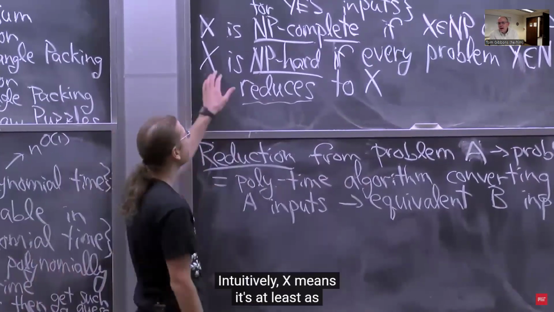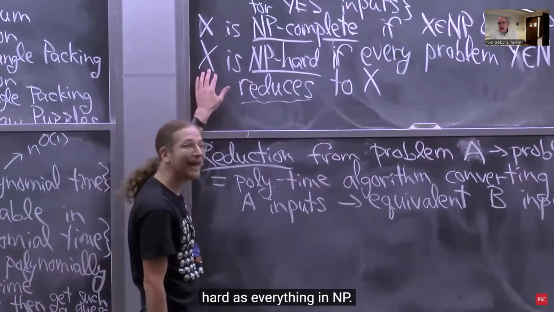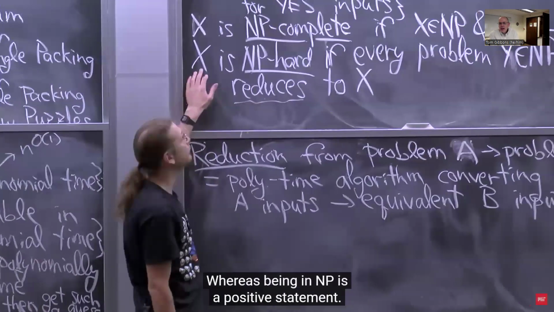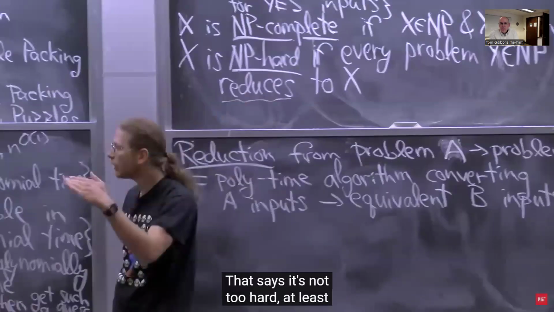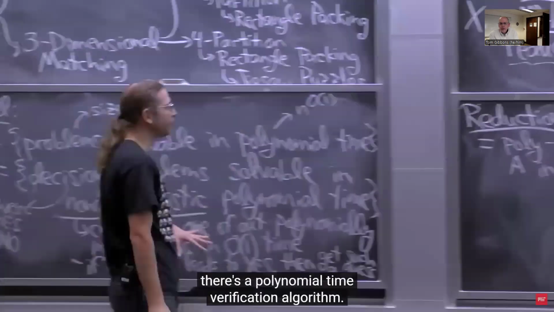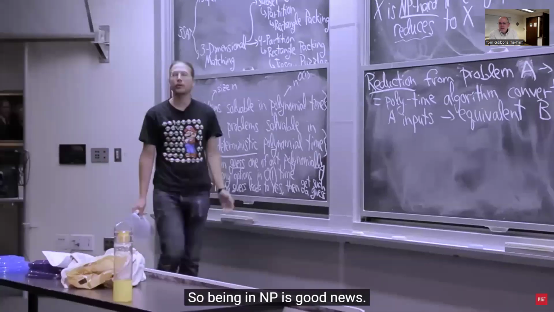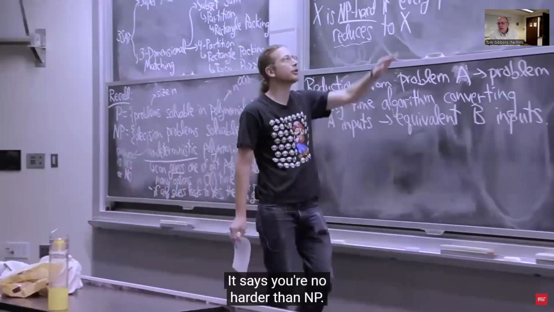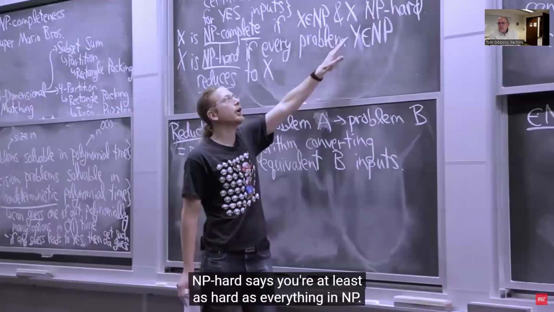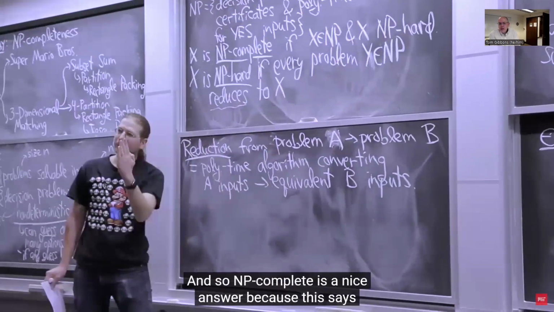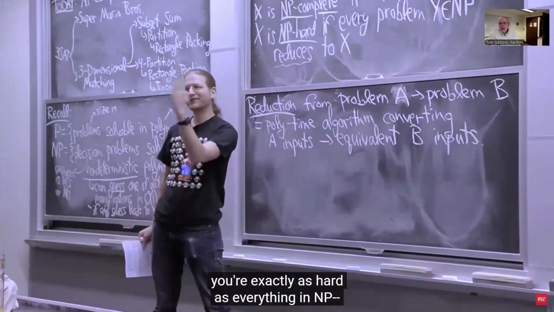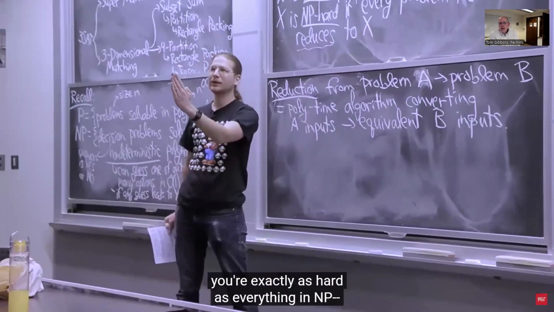Intuitively, X is at least as hard as everything in NP, whereas being in NP is a positive statement. It says it's not too hard: at least there's a polynomial time verification algorithm. So being in NP is good news. It says you're no harder than NP. NP hard says you're at least as hard as everything in NP. And so NP complete is a nice answer because it says you are exactly as hard as everything in NP.